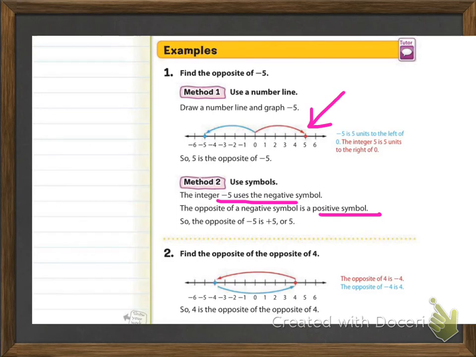So if it's asking for the opposite of negative 5, you can give me a little plus 5 like that, or simply the number 5. And remember, these are things that I covered about 5 minutes ago earlier in our lesson. And then question number 2, same thing. Find the opposite of 4. The opposite of 4 would be negative 4 on this one. Now remember, with negatives, you have to write that minus sign in front of it.